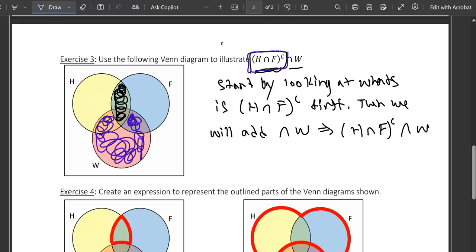Remember, the whole universe was shaded other than the stuff here in black, correct? But we don't want the whole universe. We want it to intersect with W. So the whole universe with W down here is this. But remember, W can't be a part of H intersect F complement. We can't have that. So that's the stuff that I have in the blue here.